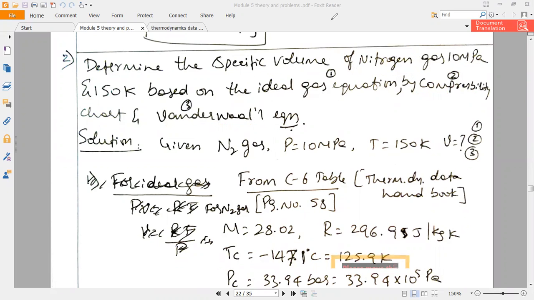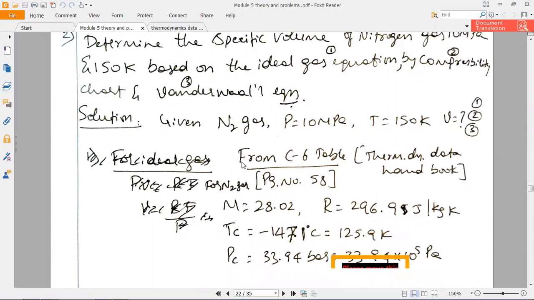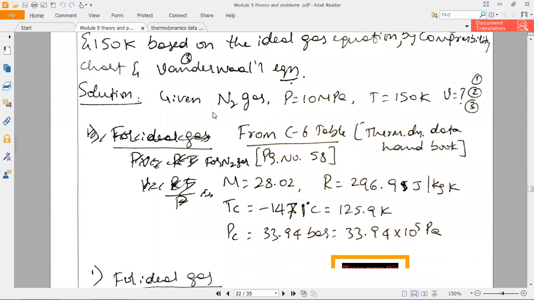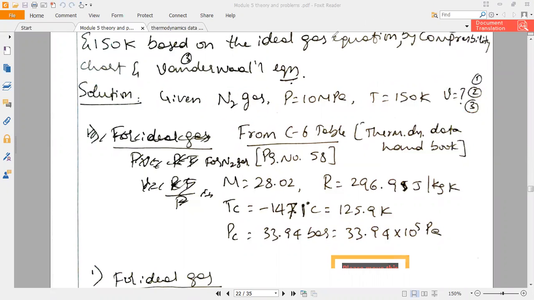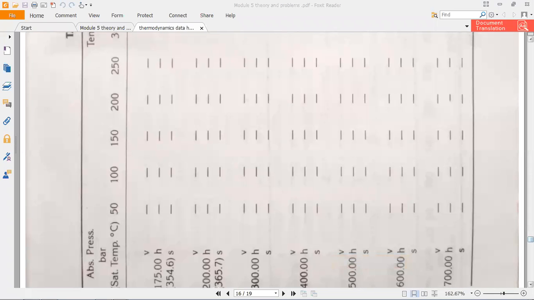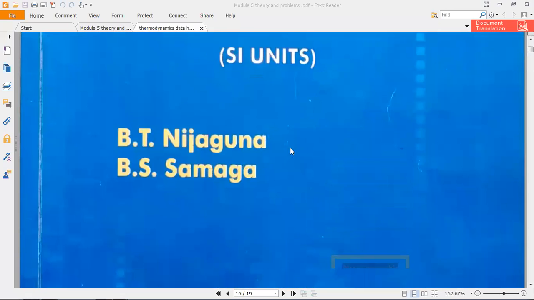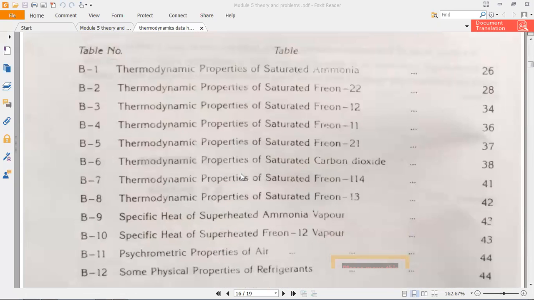First, for nitrogen gas, we should collect all the properties. Nitrogen. This is the given data, and these things we should find out. Now go to the thermodynamics data handbook.